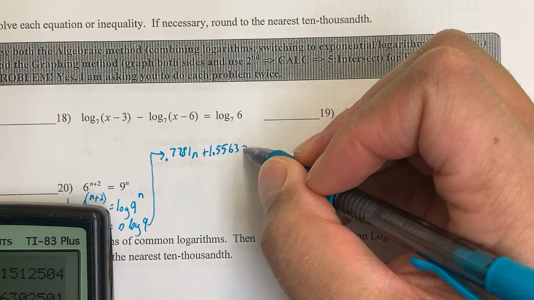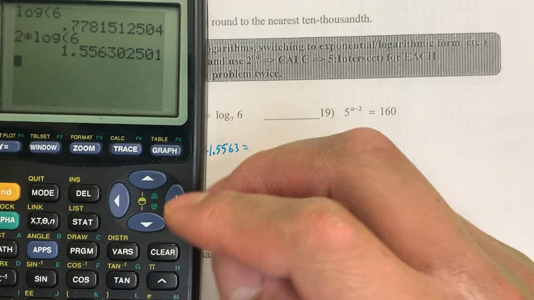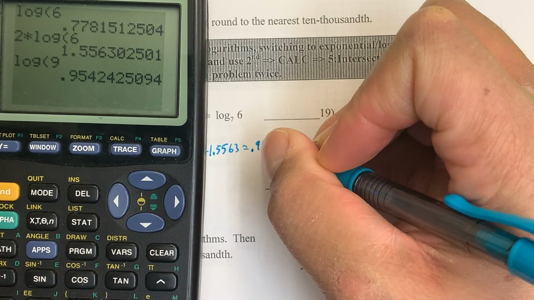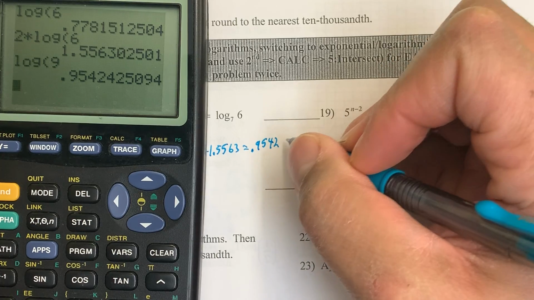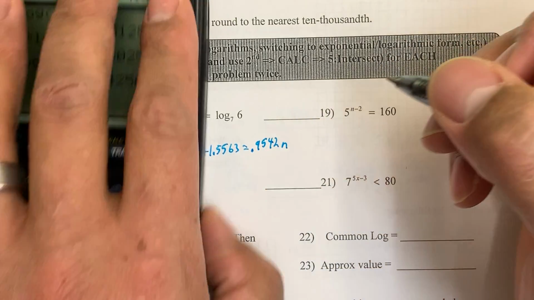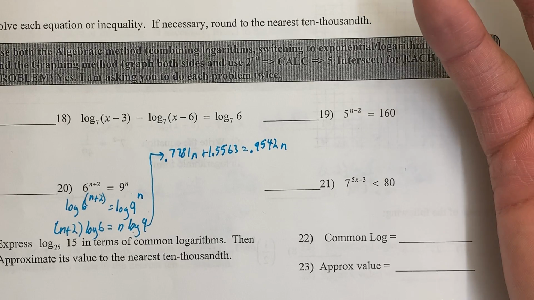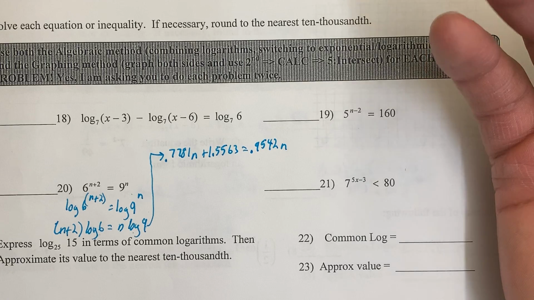Okay, that equals log of 9n. Log of 9 is 0.9542n. Okay. Now, it may not look like it, but now I just have a relatively simple linear equation to solve.